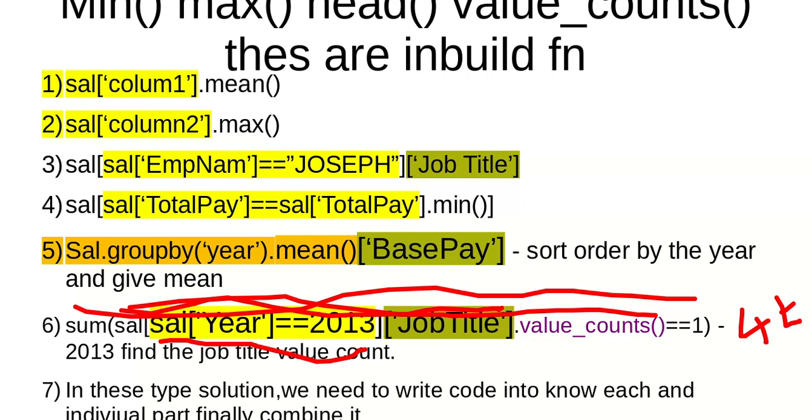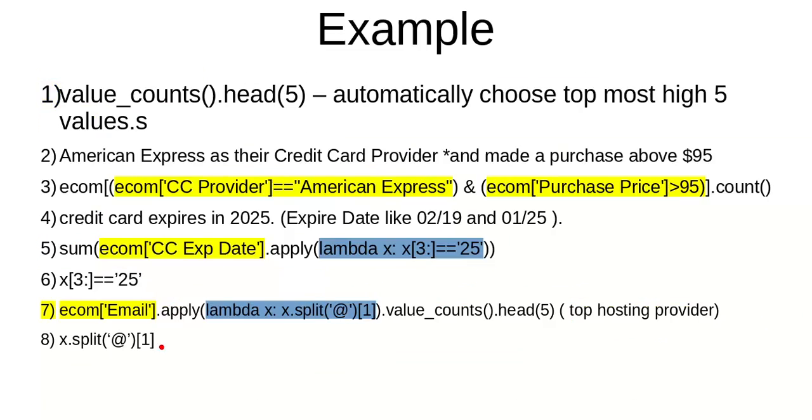So the next one is an example. Automatically choose the topmost high values. For this we need to choose value counts, head 5, and American Express as the credit card provider, and also a purchase above 95. So we need to match the two conditions.